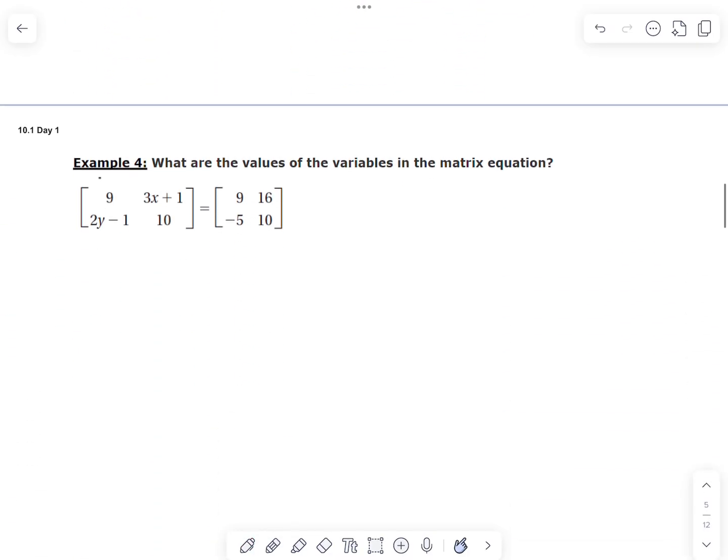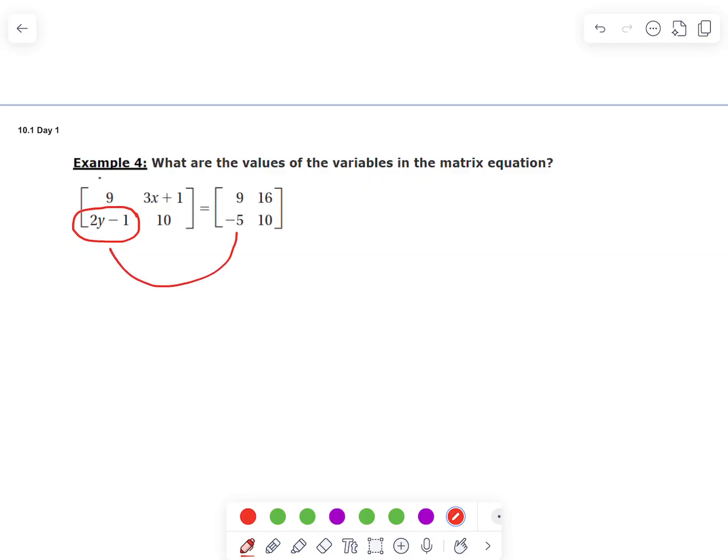Okay, example 4. So we have a missing value here. So we go to its corresponding element, which is the -5, and we set that equation equal. So 2y minus 1 and its matching element -5. And then we just solve that equation. So we do our inverse operations.